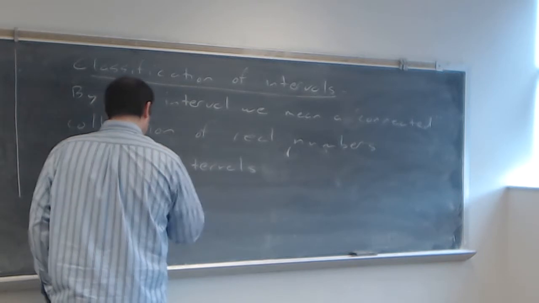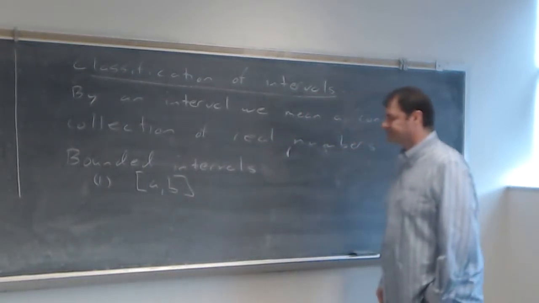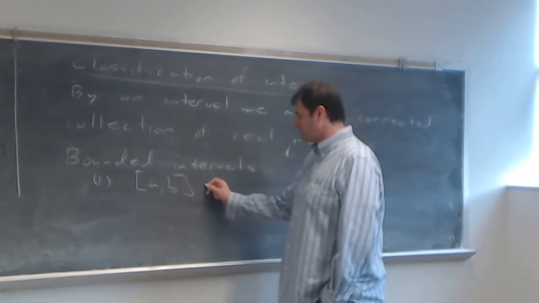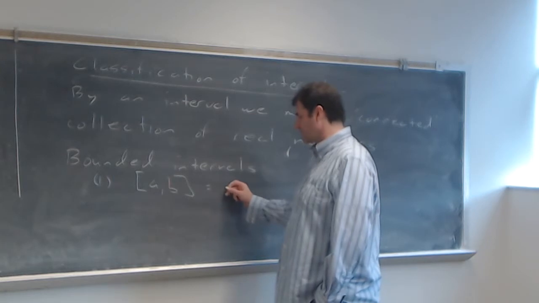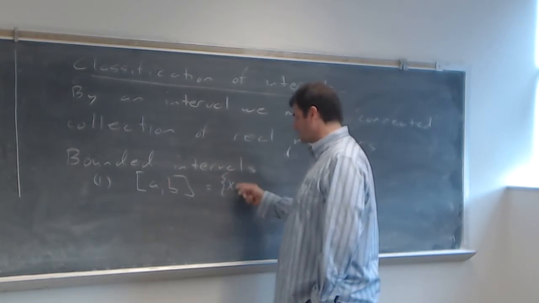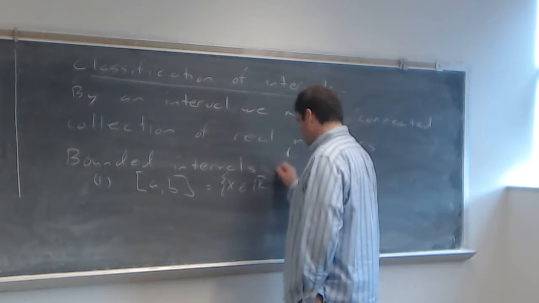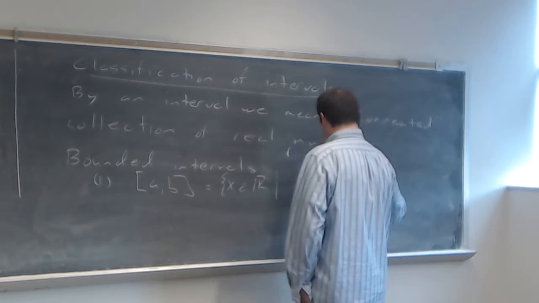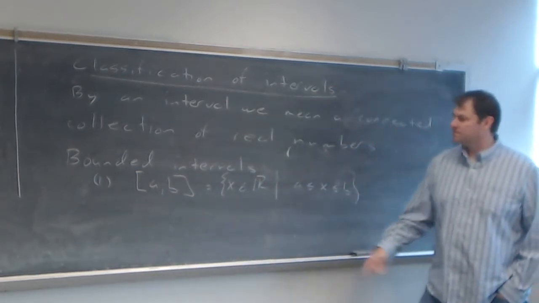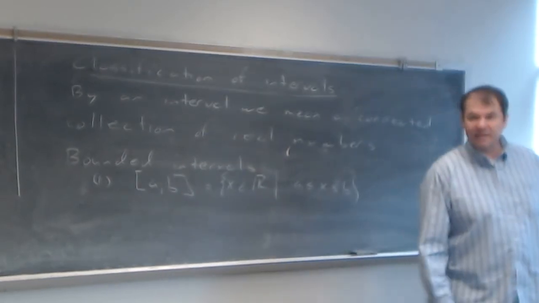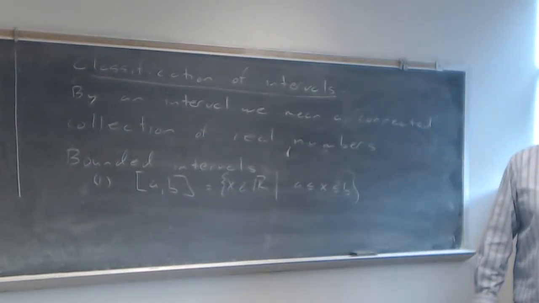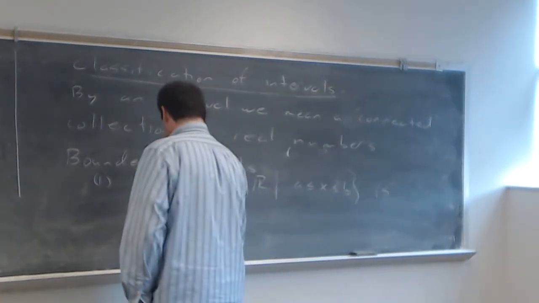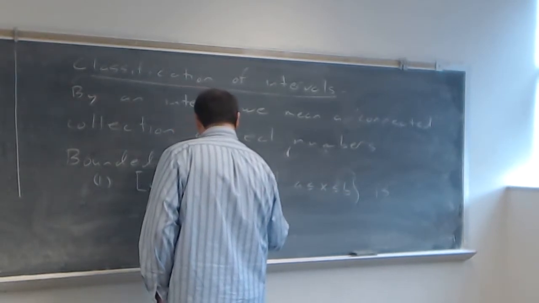I'm going to have from A to B. Now, A to B, this interval with these brackets around it, stands for the set of all x values, element of R, such that A is less than or equal to x is less than or equal to B. So these are all the numbers between A and B, including A and including B. That's what that means. Okay? It's a closed bounded interval.